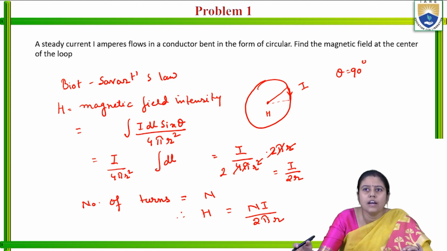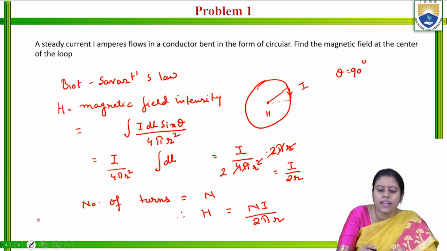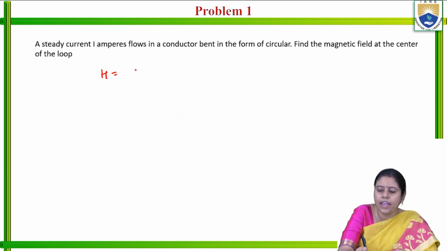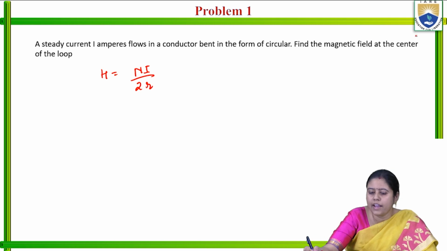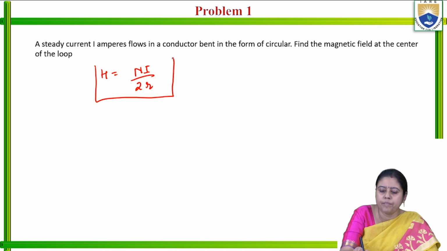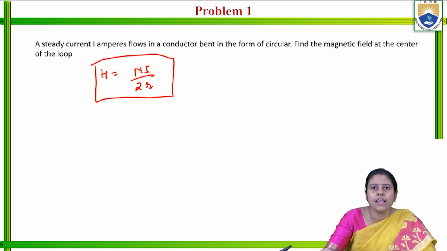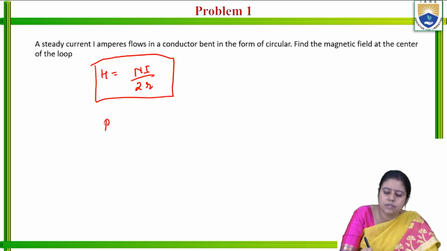So this is the current. If we use this formula, H is equal to nI by 2r. So we get, for steady state current I amperes flowing in a loop, H is equal to nI by 2r. What is B?